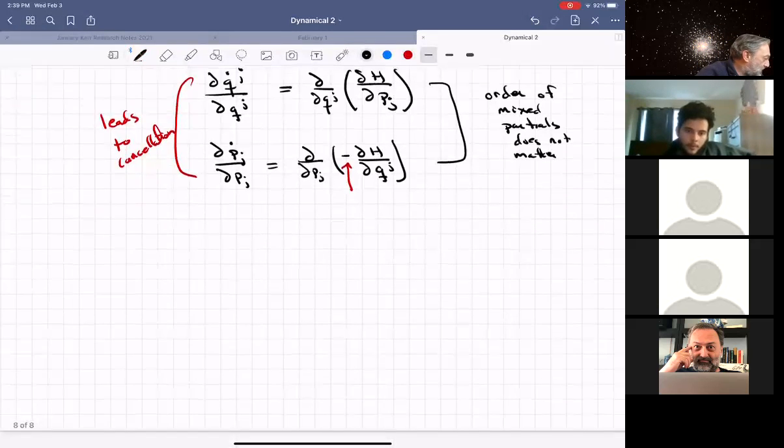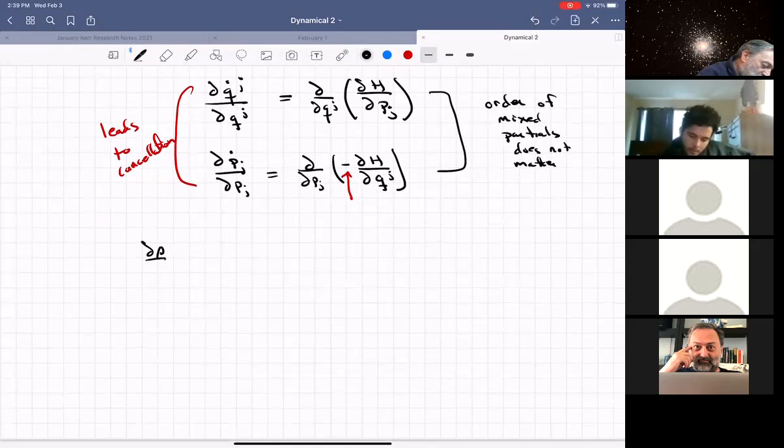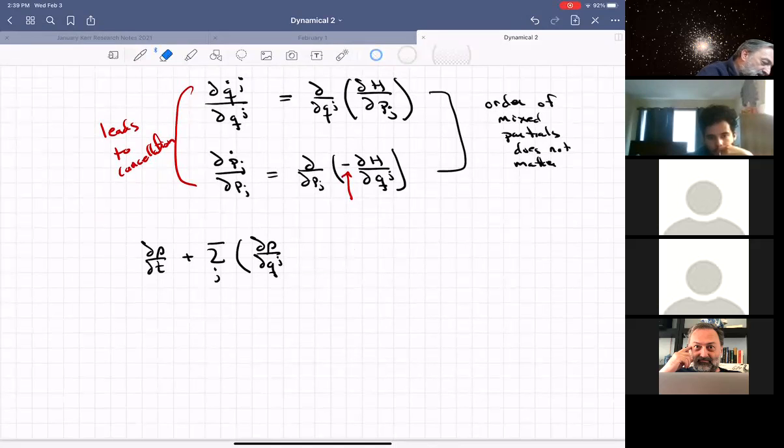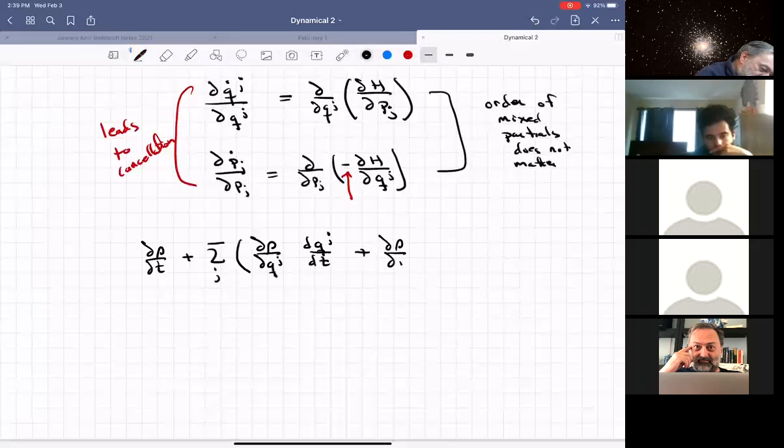So now what we have found is that d rho dt plus the sum over j of d rho dqj times q dot j, and let me write it as dqj dt, that's q dot, plus d rho dpj times dpj dt, that's p dot, is equal to 0.